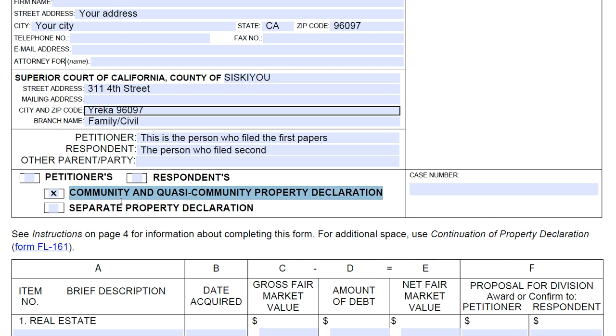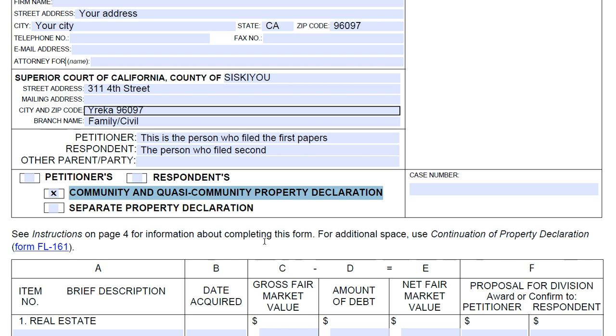Essentially, community property is everything that you acquired during the time of the marriage. This includes property or valuables or assets that you acquired out of state, which still can make up the community assets.